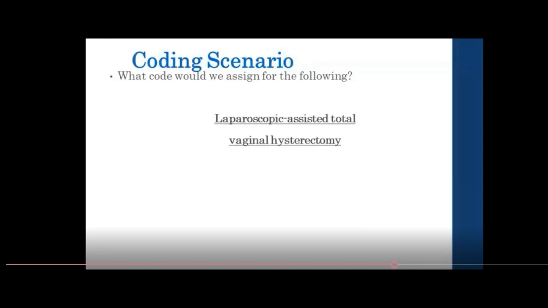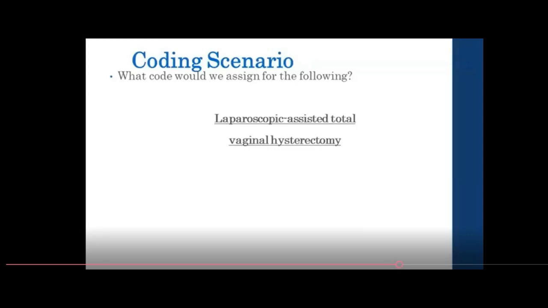So our choices are open, percutaneous endoscopic, via natural or artificial opening, via natural or artificial opening endoscopic, or via natural or artificial opening with percutaneous endoscopic assistance. I'm sure you guys don't remember that I told you the only time we ever use approach value F is during a laparoscopic assisted vaginal hysterectomy, or LAVH.